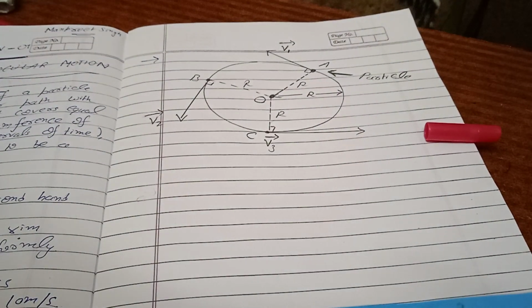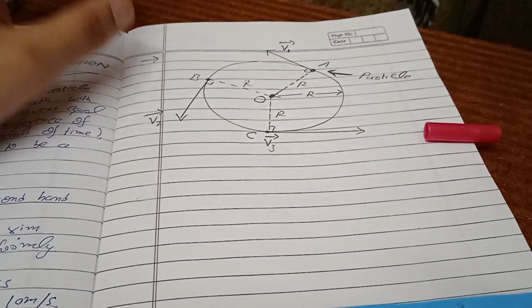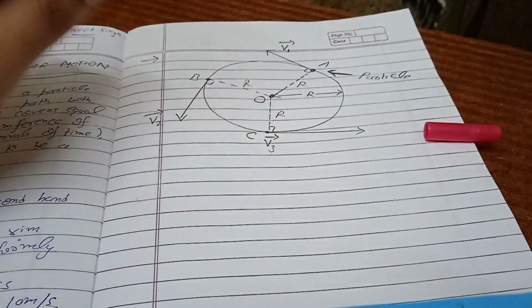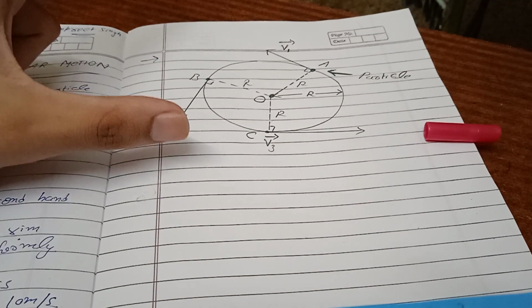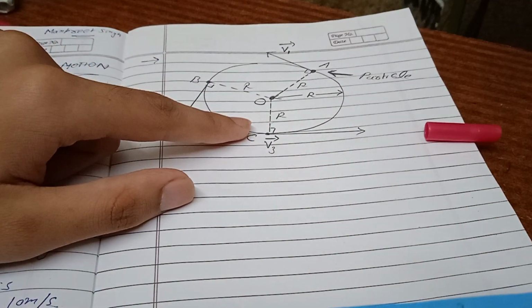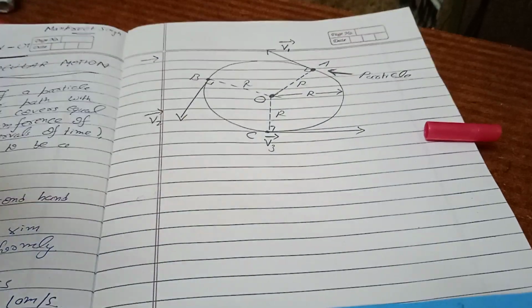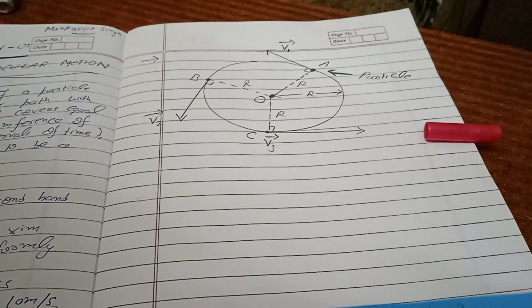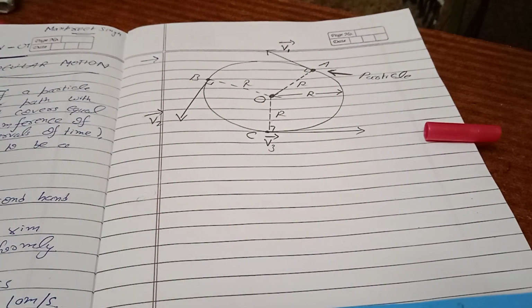So another thing to notice is that the velocity vector at a given point on a circular path and the radius are perpendicular to each other. Why? Very simple mathematics. Tangent is always perpendicular to what?